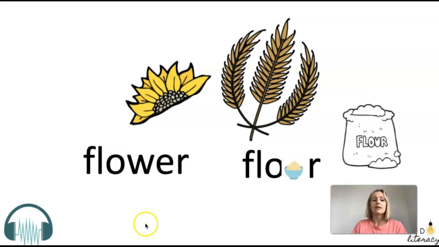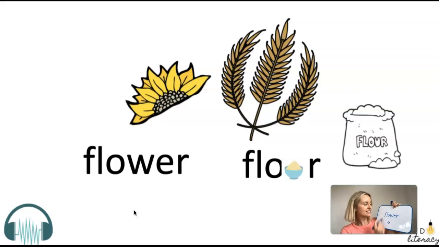Okay. When I think about the word flower with petals, I also look at the spelling and I think, how can this help me? And this is what I think. I look at the word flower and I think of the O as being like the middle of the flower, where all the beautiful seeds are, and that's where the bees go.